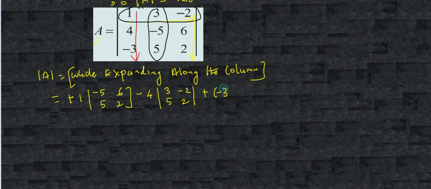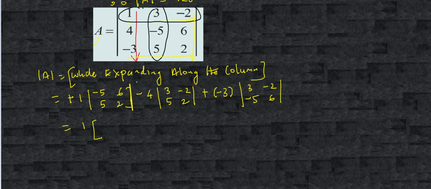Following it up with a positive sign and the element negative 3. Leave all the elements that fall along its row and column. So that will leave us with 3, negative 2, negative 5, and 6. Of course, I should have placed a straight line there for the determinants, so it cannot be a parenthesis.